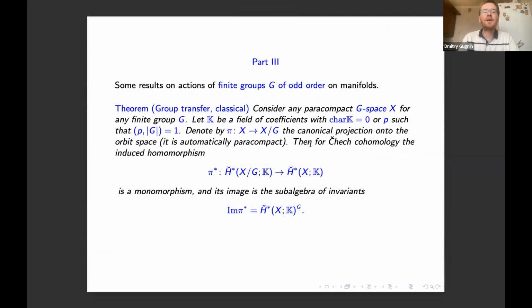And part 3, I want to tell you some new results on actions of finite groups of odd order on manifolds. So if you have, for example, any group G that smoothly acts on some smooth manifold, such that the orbit space is again a manifold, then for an arbitrary group G, it is a very difficult problem to say something about this.